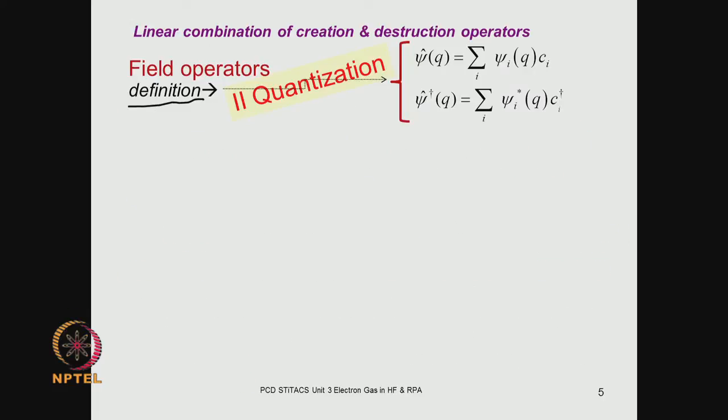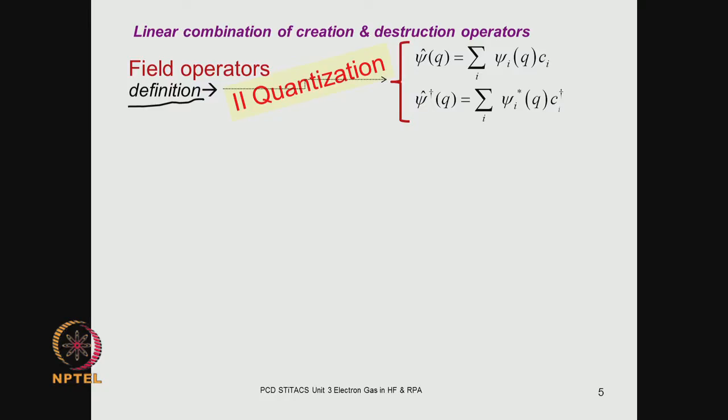Now, we work with the field operators. These are linear superpositions of the creation and destruction operators, and this is part of the reason this methodology is called second quantization, because in first quantization you replace the classical dynamical variables by operators, and now instead of the wave function psi, you work with the psi on the left hand side, which is actually an operator rather than just a scalar function.